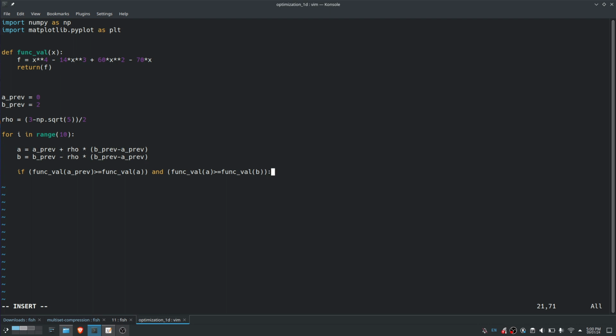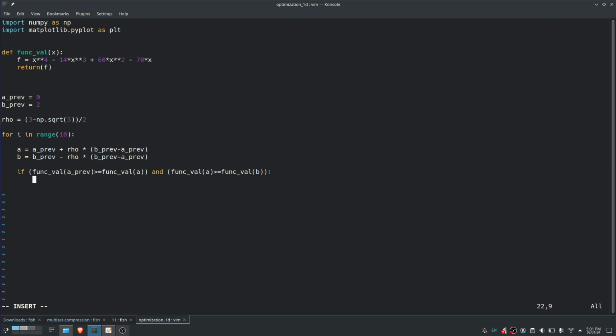Then what should I do? In this case, where would the minimum lie? It's continuously decreasing, so the left end cannot have the minimum.